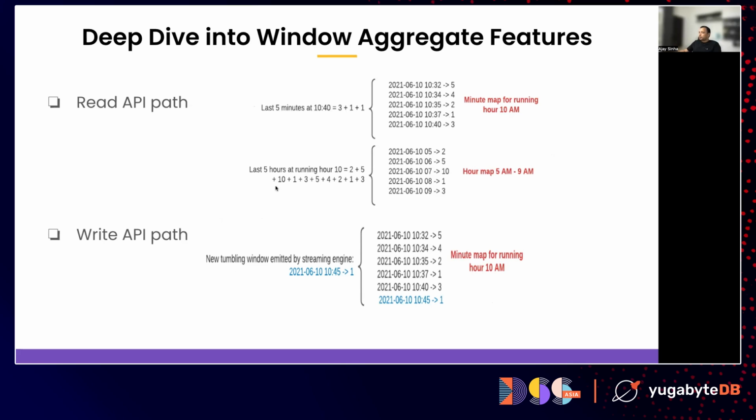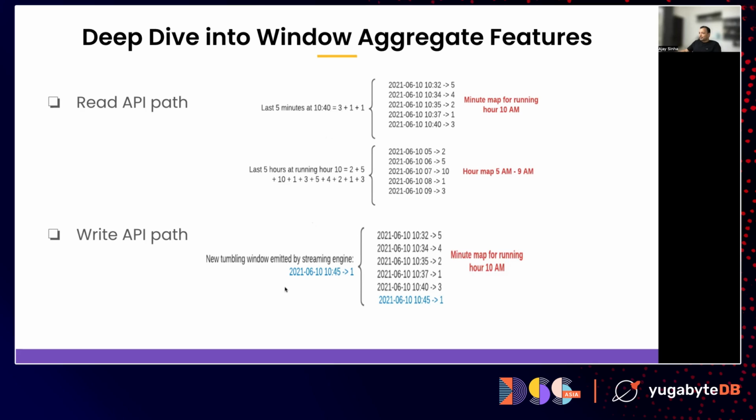If I'm looking for the last 5 hours of data, I'll go to the hourly map first. If my running hour is the 10th, I'll start from the 5th hour and go until the 9th hour. I'll aggregate these values, and on top of this, I'll add the running hour data from the minute map. So this is our read path.